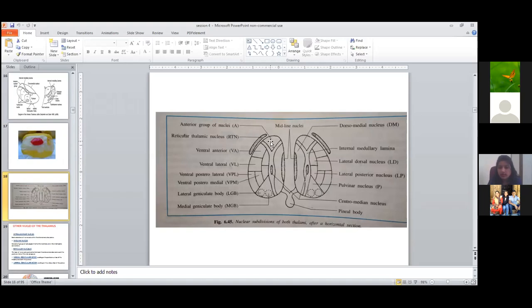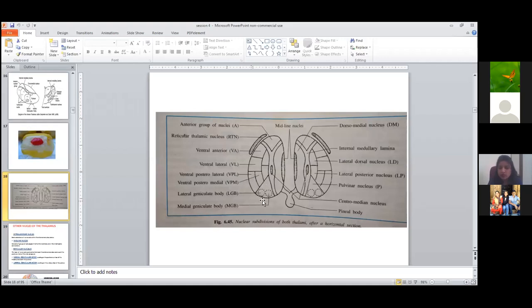This is the anterior part, which we call the anterior group of nuclei, this is the medial part, and this is the lateral part. Again it is divided into ventral anterior, ventral lateral, then ventral posterior lateral and ventral posterior medial.